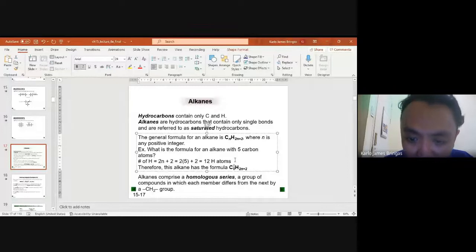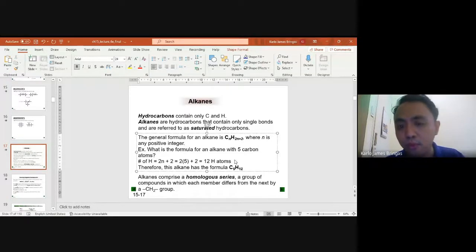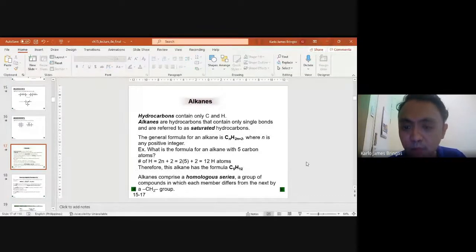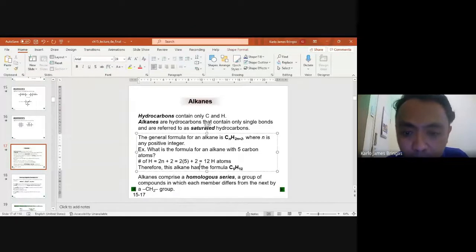Again, the 5 is our n in this example. And since we have 12 H atoms, you now have C5H12. So that is now our formula for an alkane with 5 carbon atoms.